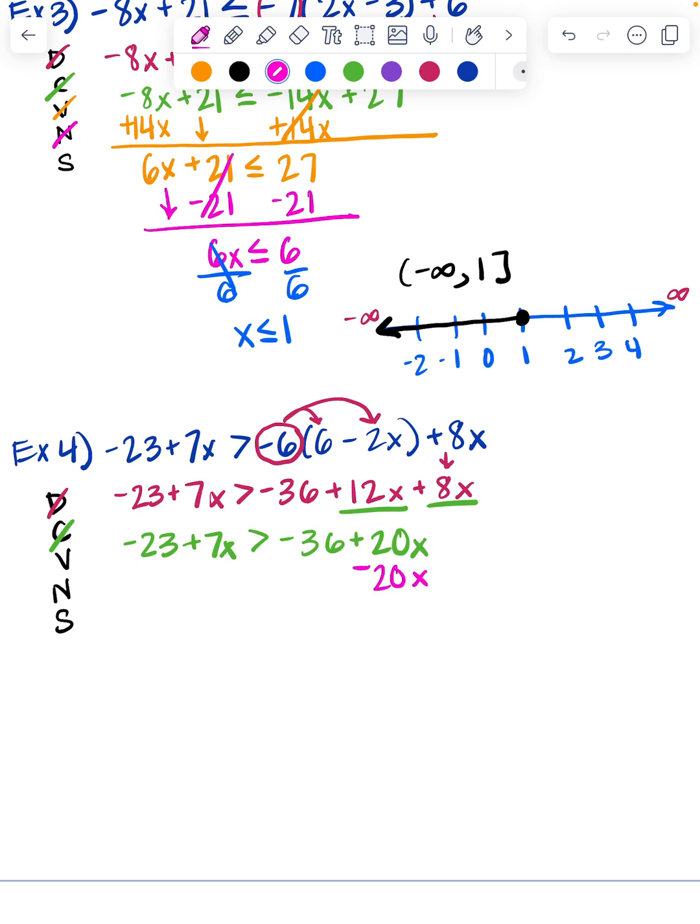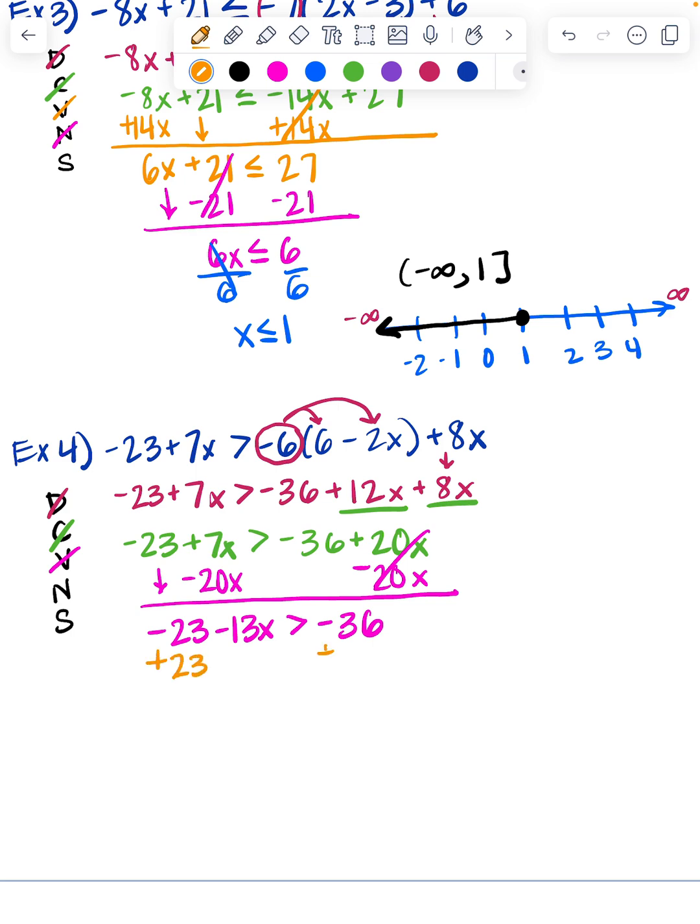Subtract 20x. -23 minus 13x is greater than -36. Move the constant to the right side. So add 23. -13x is greater than -36 plus 23 is -13.